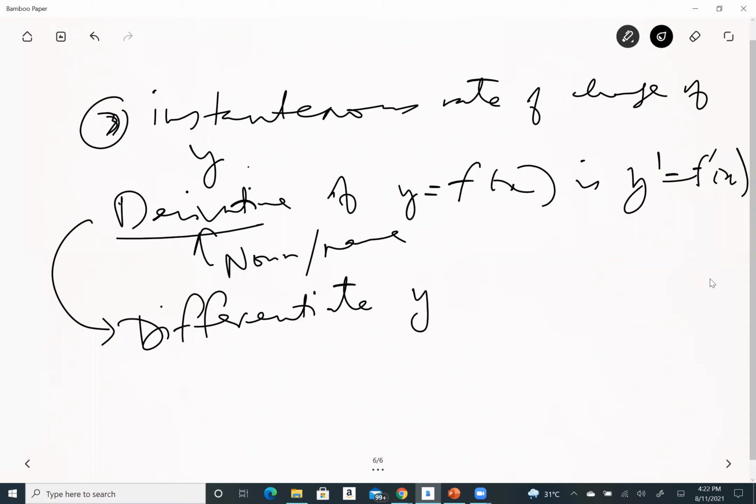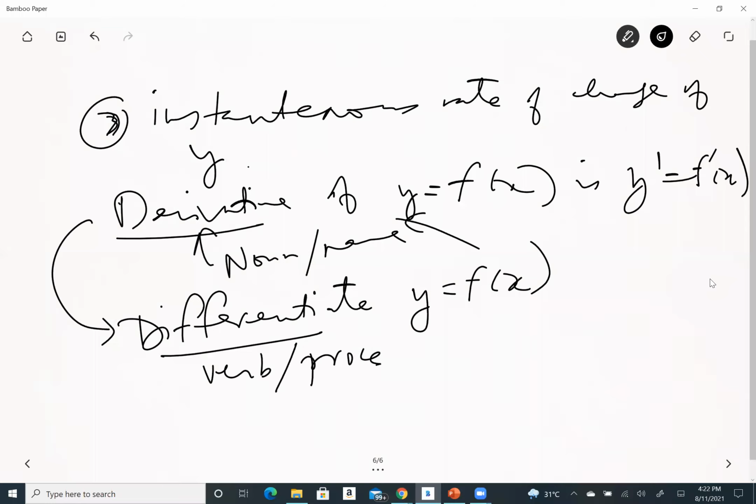Differentiate y equal to f of x, you get the derivative. So differentiate here is the verb, the process. So that is the idea of derivative. We will continue after the break.